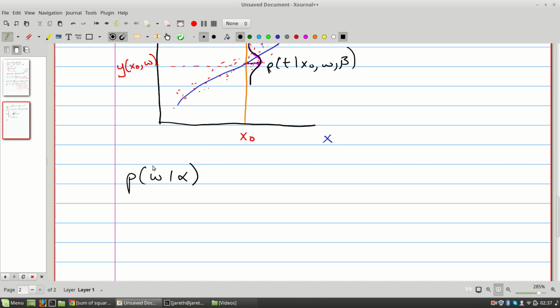We're going to use a prior over W, which is our weights, and we're going to parameterize it by alpha, and say that it's following a normal distribution over W with mean 0 and sigma squared, which is alpha minus 1 times the identity matrix. That's the idea. So this is actually taking a step towards the multivariate Gaussian. This is the Gaussian that we're using as our prior.